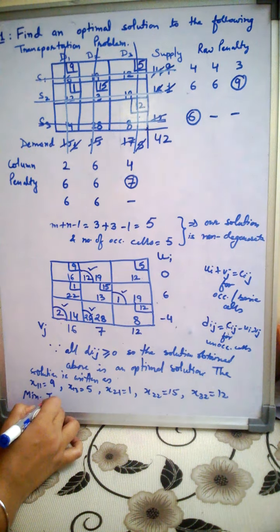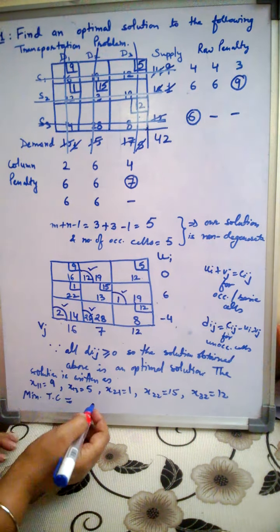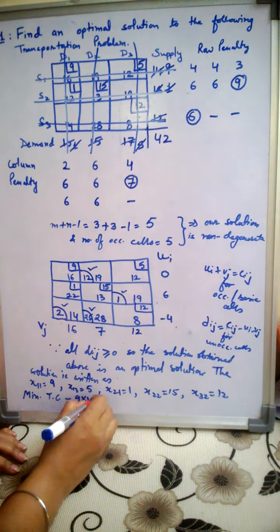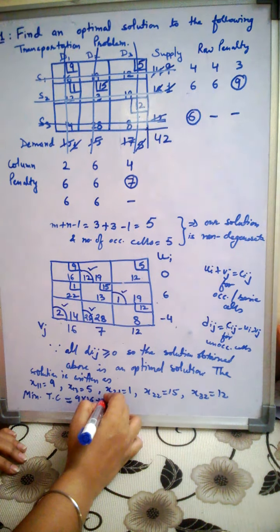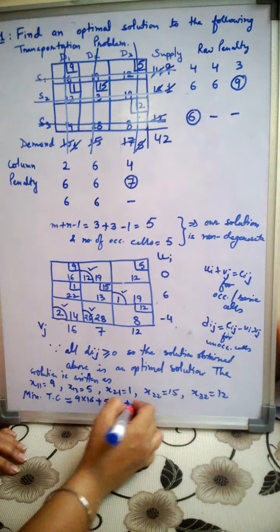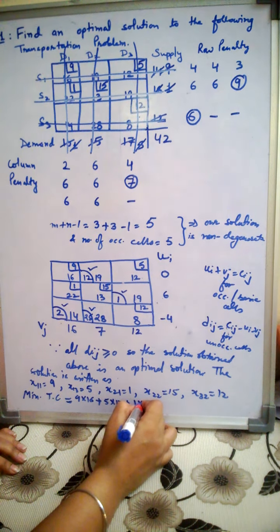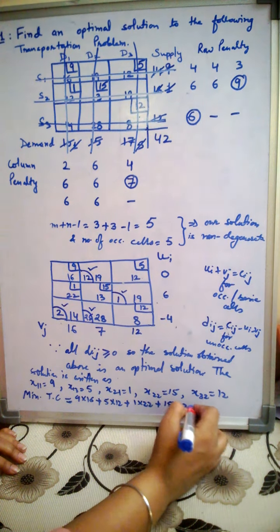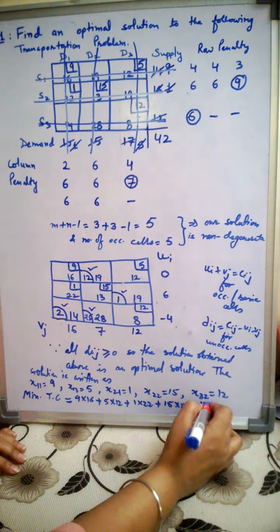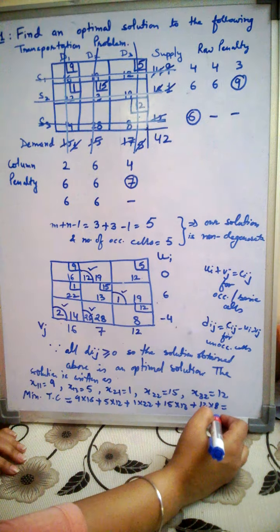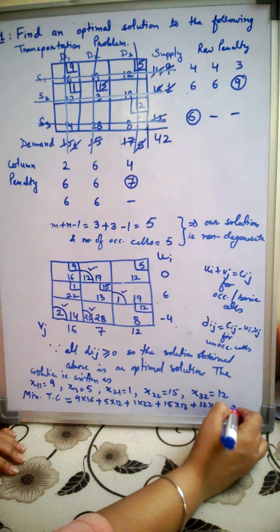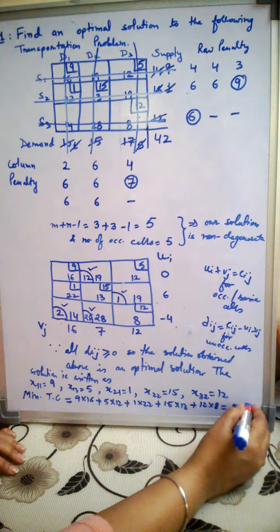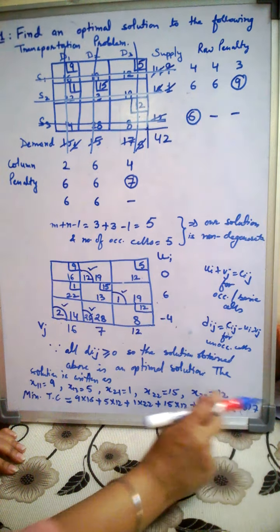So we'll write down minimum transportation cost is, the way to find out the cost is same, 9 into 16 plus 5 into 12 plus 1 into 22 plus 15 into 13 plus 12 into 8. So when you will add this, you will get 517. So this is a minimum transportation cost.